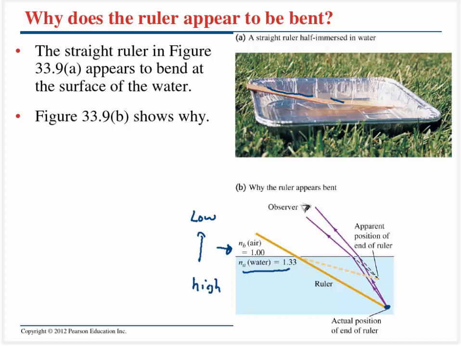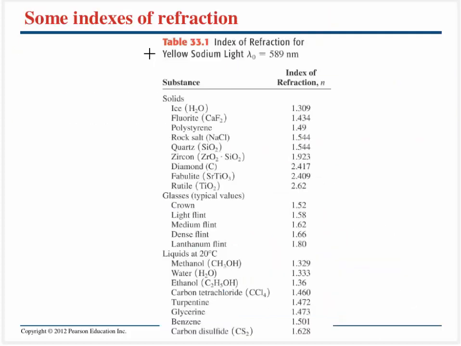So we're going to have a light ray that starts at the ruler. It's going to go towards the surface of the water, then it's going to bend away from normal into our eye. However, our mind is trained to think of things as being in straight lines, and so it's going to view some apparent position of the ruler to be quite different than the actual position of the ruler. Just a quick little note, table 33.1 is going to give us the index of refraction for essentially yellow light.